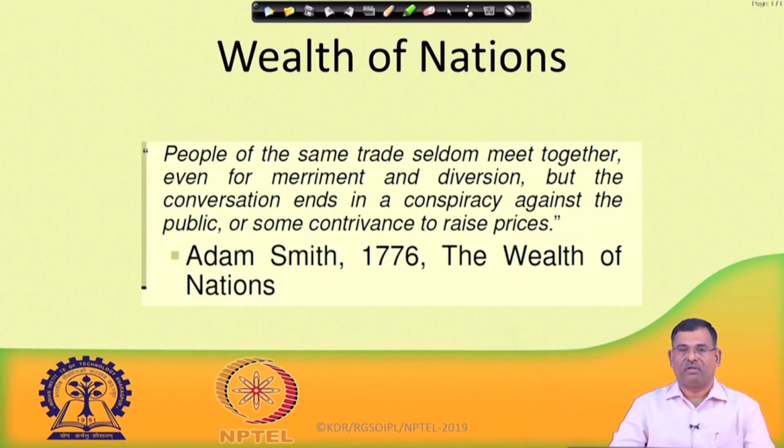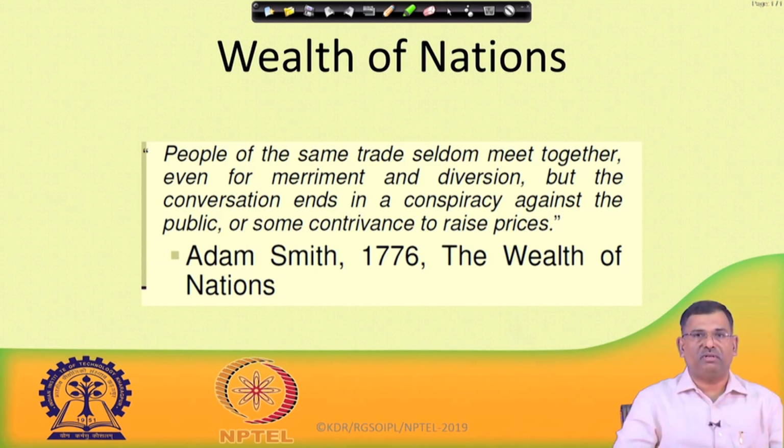The authentic position on competition law is given by the famous economist Adam Smith in 1776 in his book The Wealth of Nations. He says, people of the same trade seldom meet together, even for merriment and diversion, but the conversation ends in a conspiracy against the public, or in some device to raise prices.